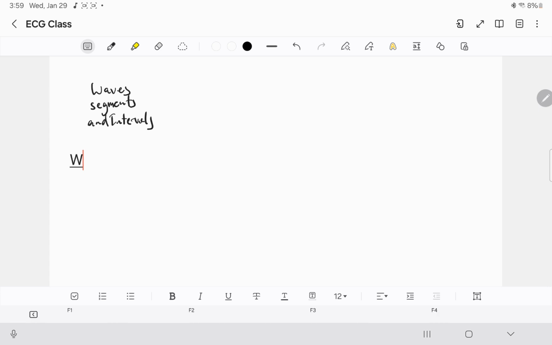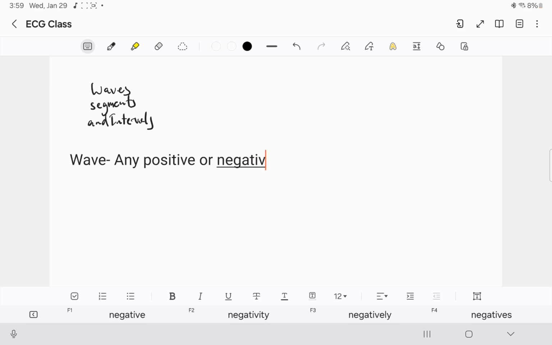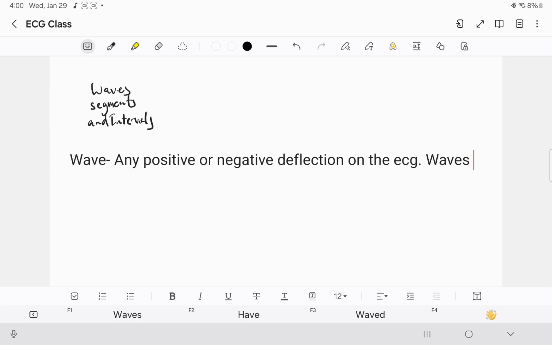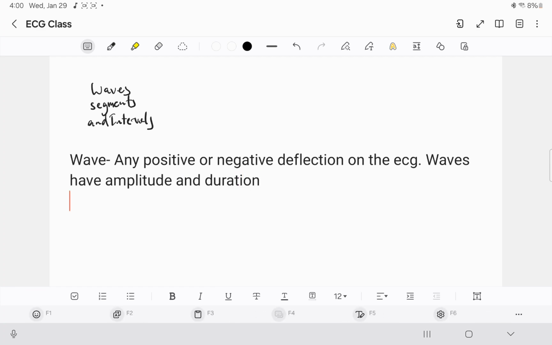So a wave is any positive or negative deflection on the ECG. Waves have amplitude and duration.